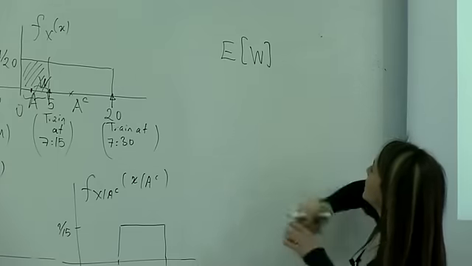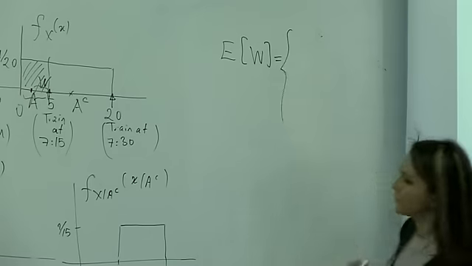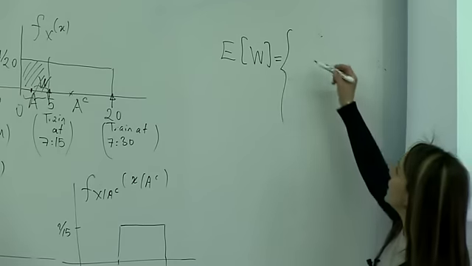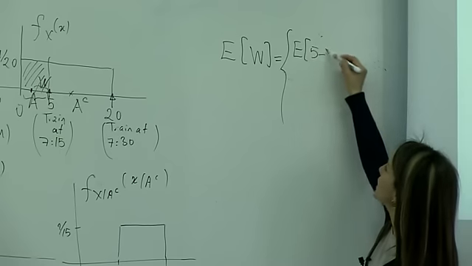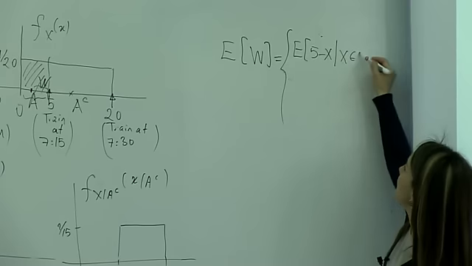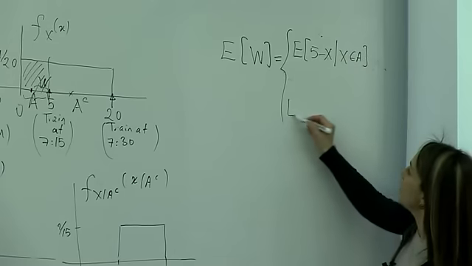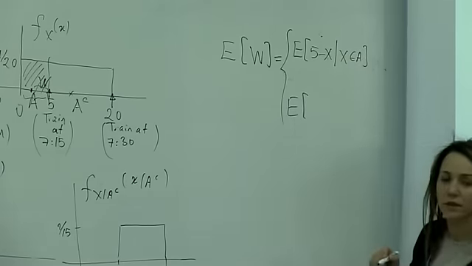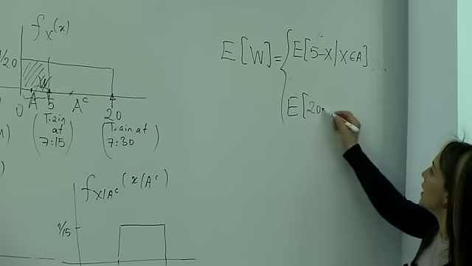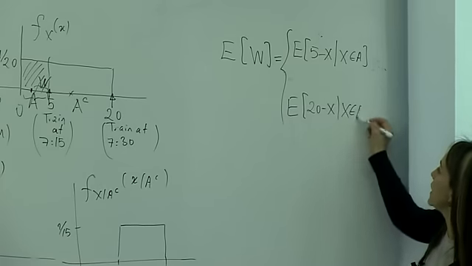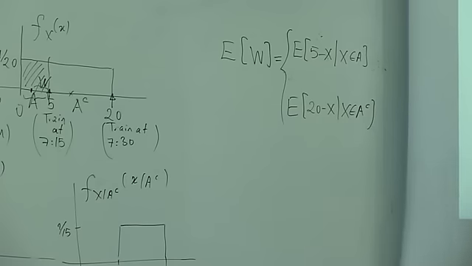So let's divide this into two cases. It's the expected value of 5 minus x given x is in A, and the expected value of 20 minus x if x is in A complement.